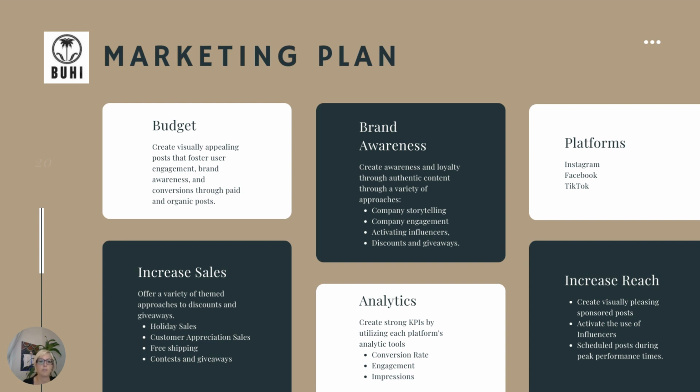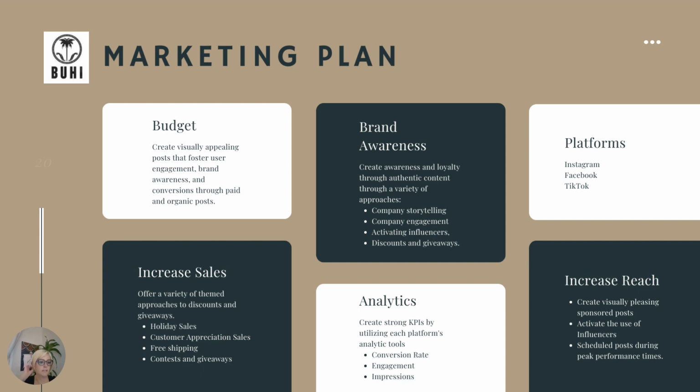In addition, for brand awareness, some of the things in the plan would be to create company storytelling, company engagement by responding to comments and providing engagement content, activating those influencers to also provide brand awareness, and then again, giving those discounts and giveaways.